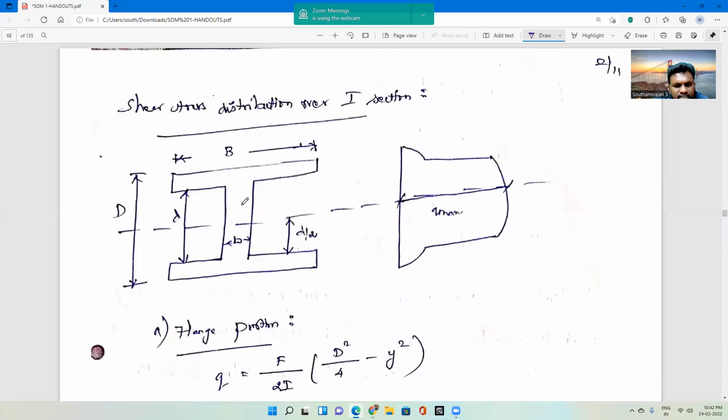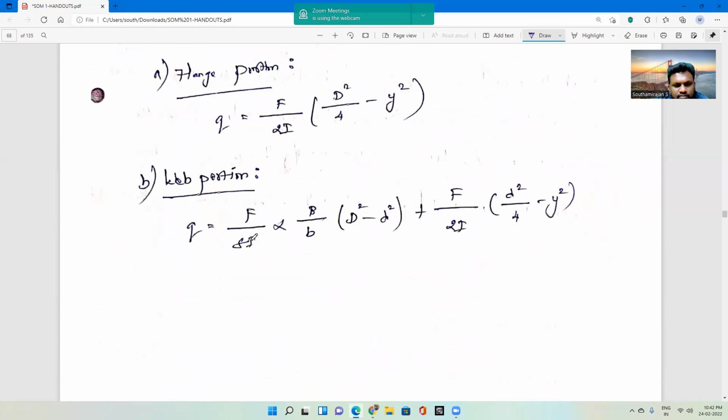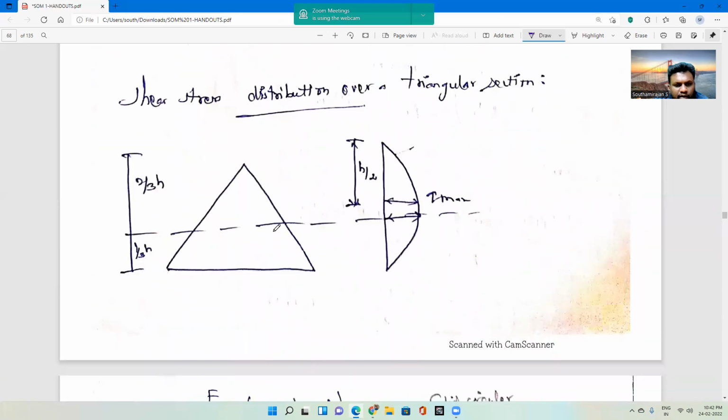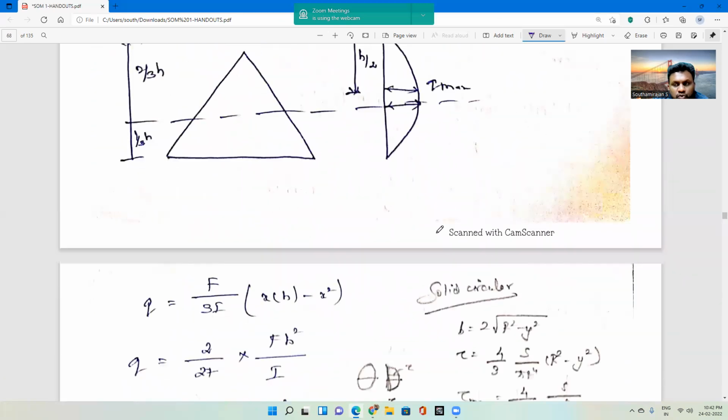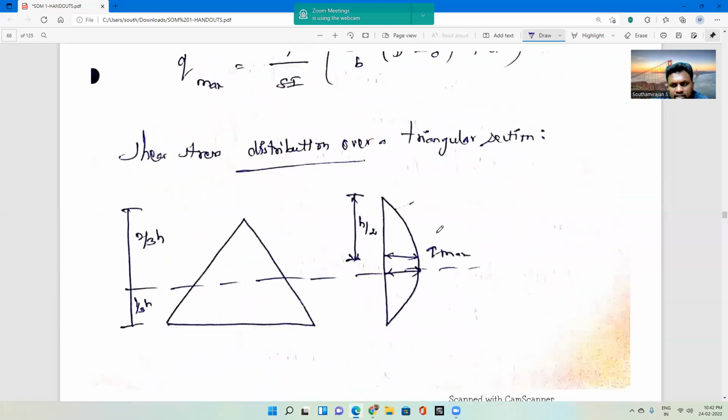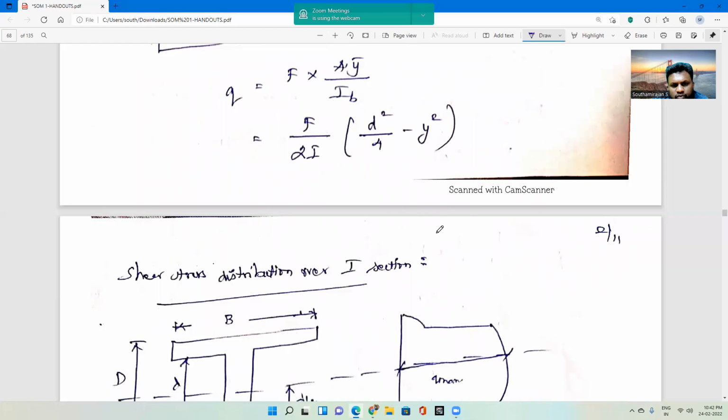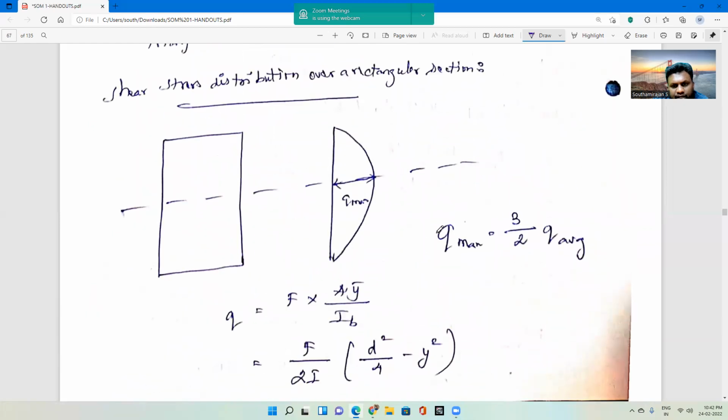If it is an I section, the shape will be like this. If it is a triangular member, the shape will be like this. The diagram indicates that if the shape of the member varies, the shear stress variation will also vary accordingly.